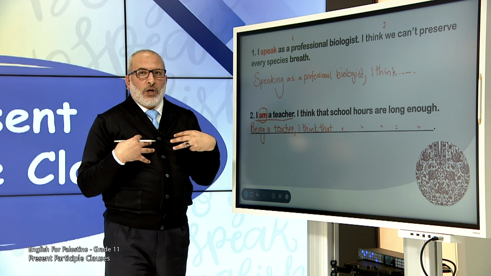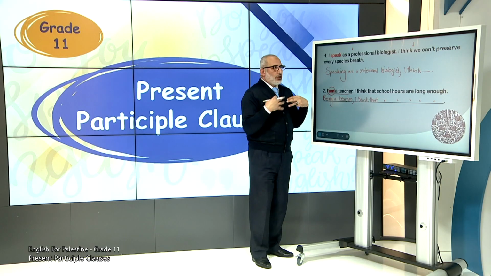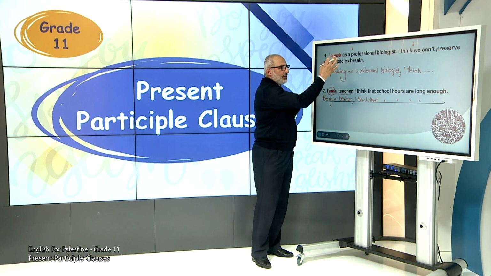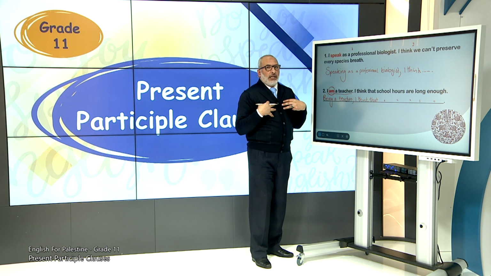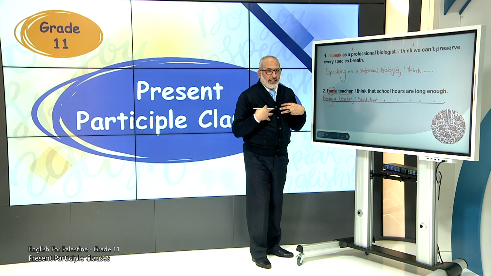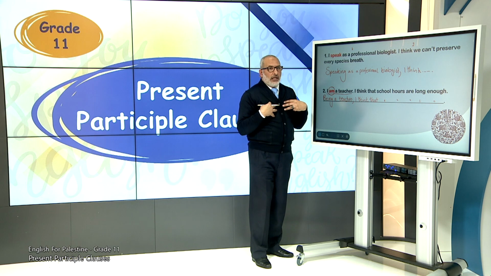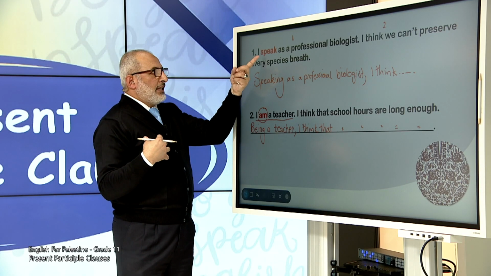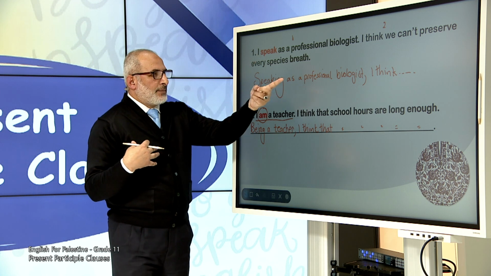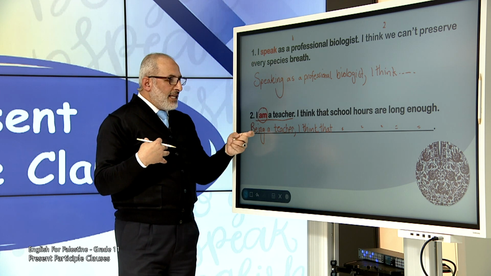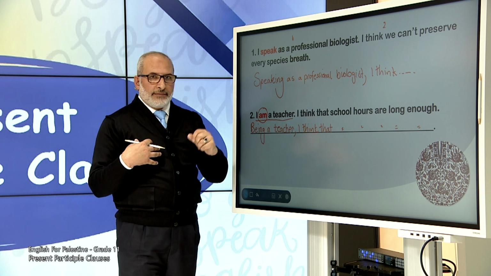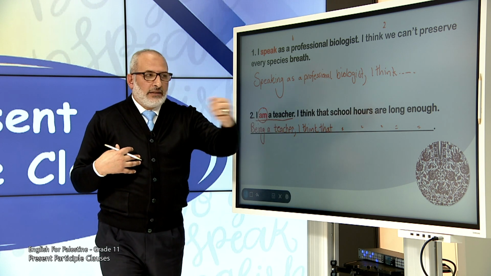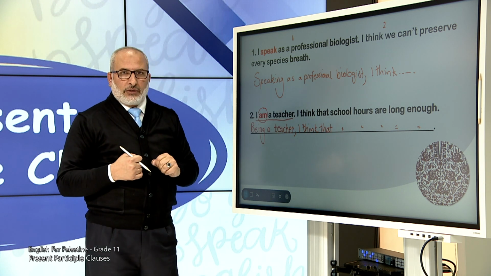One tells what am I. So we change the part that expresses my identity or tells others who am I. Here, speaking as a professional biologist, being a teacher, I think that school hours are long enough.